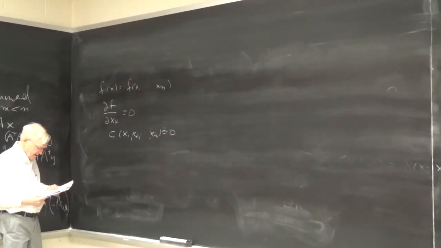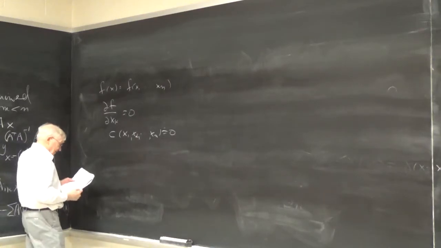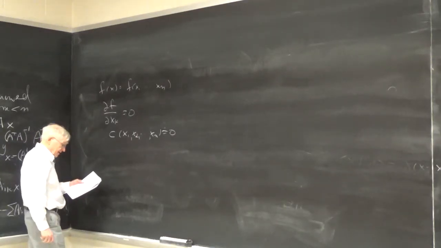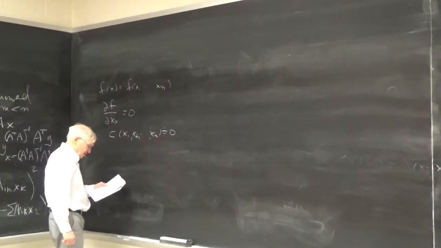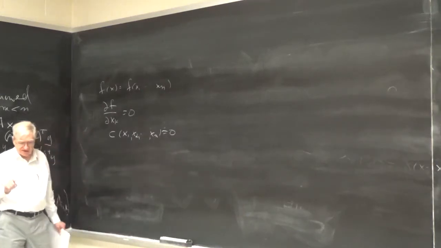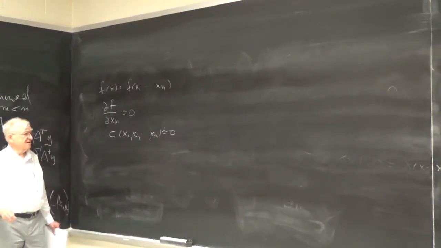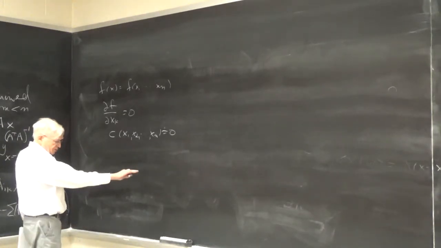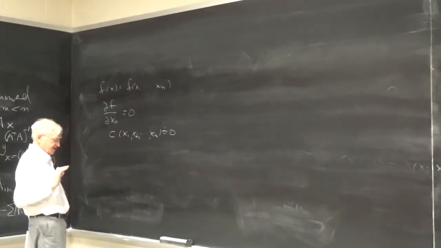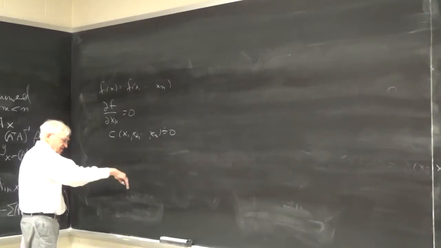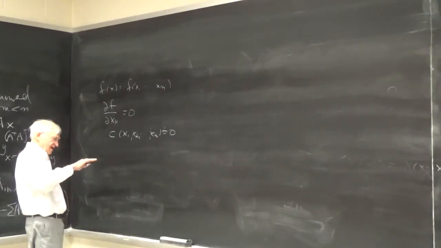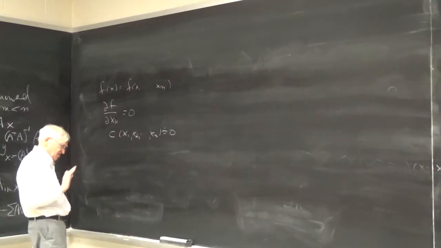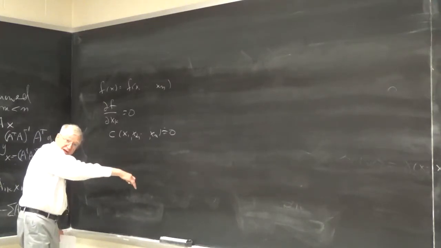So what we do is this. We want the gradient to vanish in those directions that preserve the constraint. So if this is a direction that preserves the constraint, we want the maximum of the function as it's obeying this constraint.